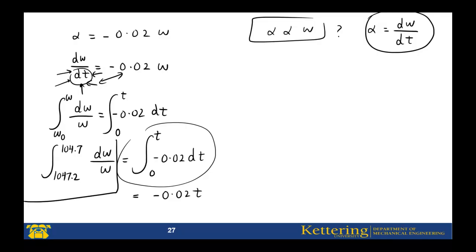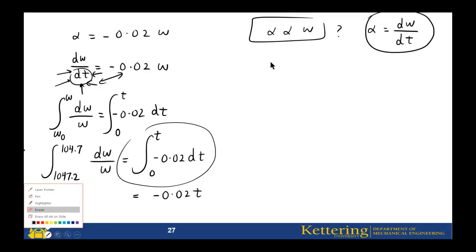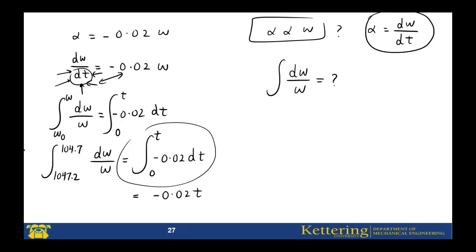But for the left-hand side of this integral, we need to find the integral. How? Do you know what is the integral of d omega divided by omega? Does anybody know? How can I find this integral?